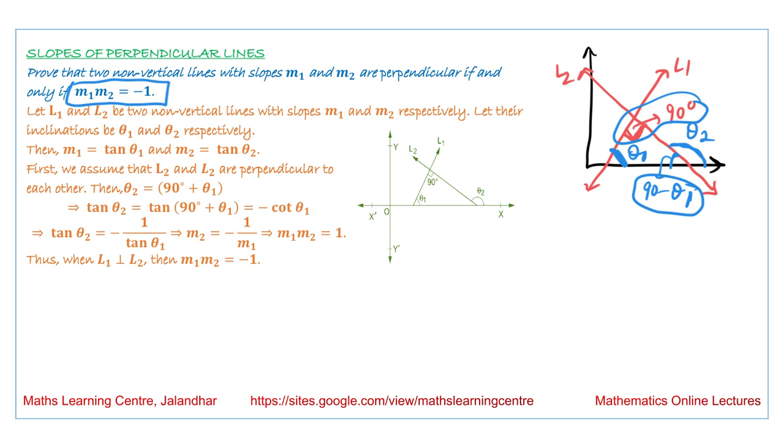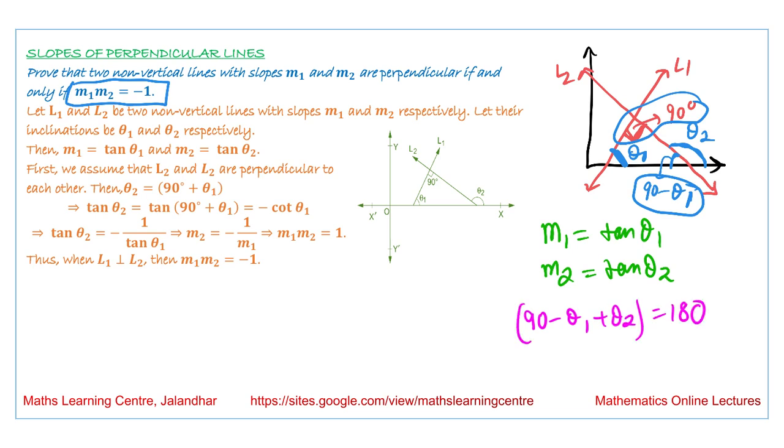So what we obtain from this is that the slope of the line L1, m1, is equal to tan theta 1, and the slope of the line L2, m2, is equal to tan theta 2. Further, we have 90 minus theta 1 plus theta 2 equal to 180.